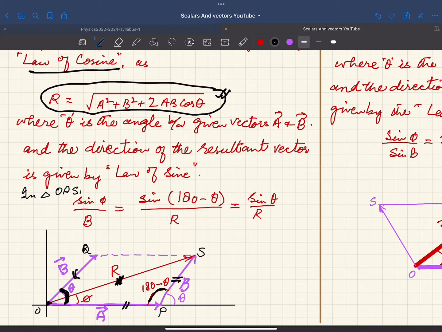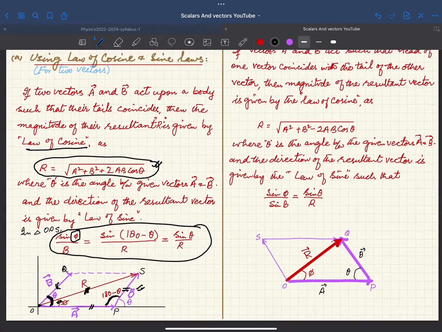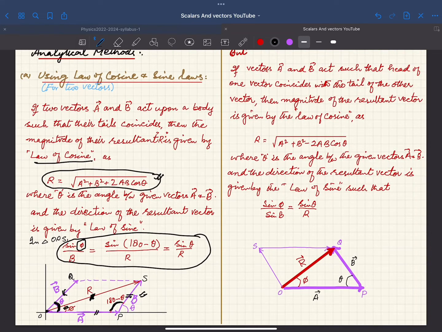So sine theta over r, and here you have sine phi divided by b, and then you have sine of 180 degrees minus theta, and the opposite side is r. So the sine law is giving you the required angle, yani you can calculate the required angle with the help of this formula. So this is what we have as far as the law of cosine and sine is concerned.